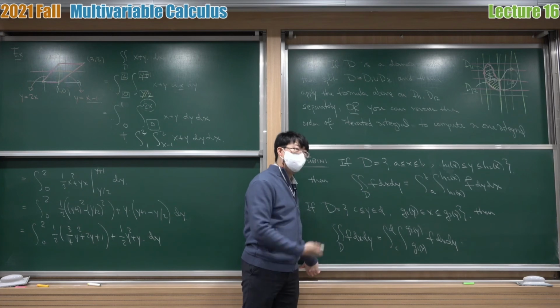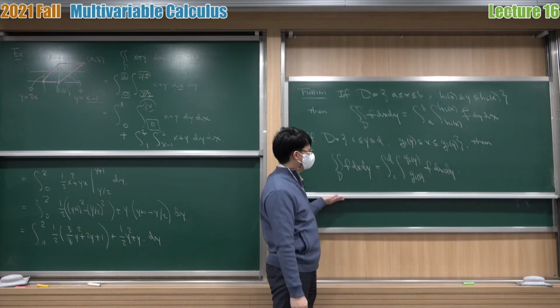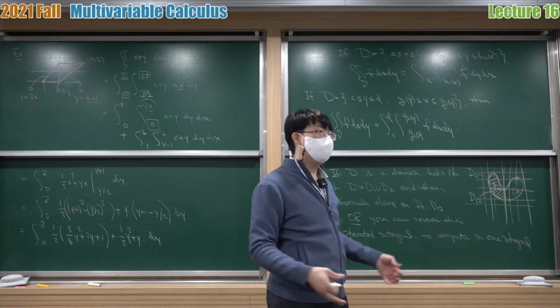So that's the Fubini theorem for non-rectangular domains. That answers the four questions that we discussed in the beginning.